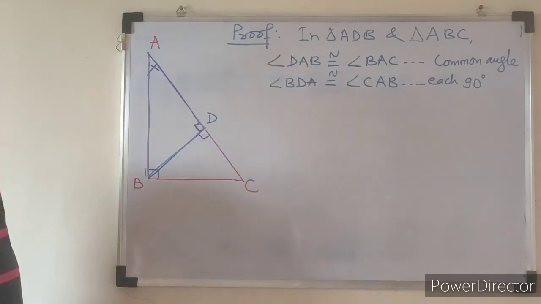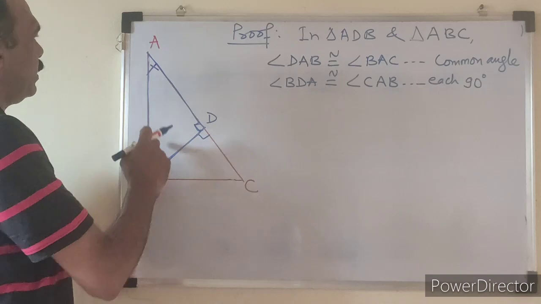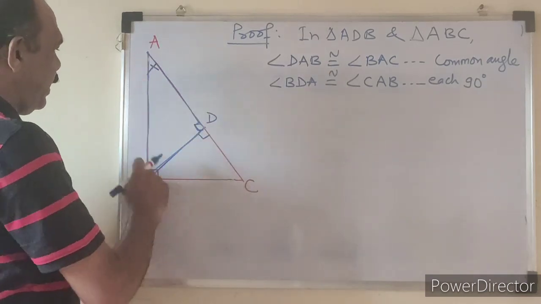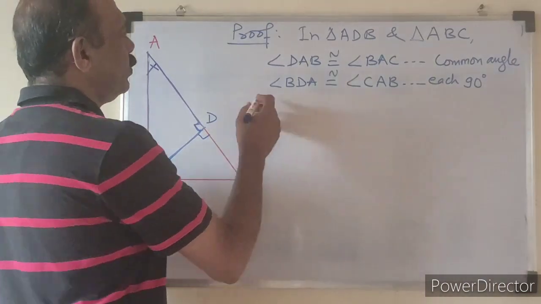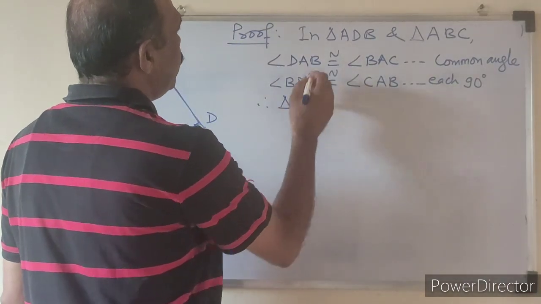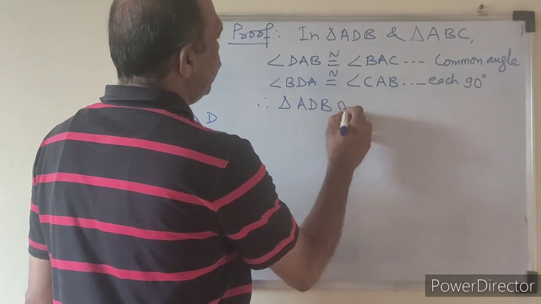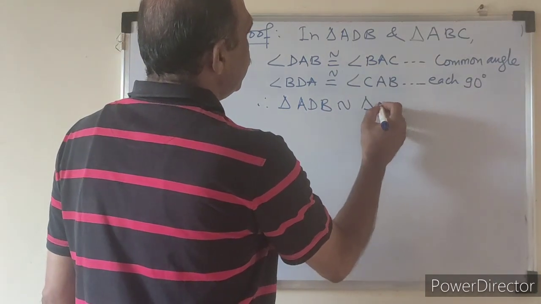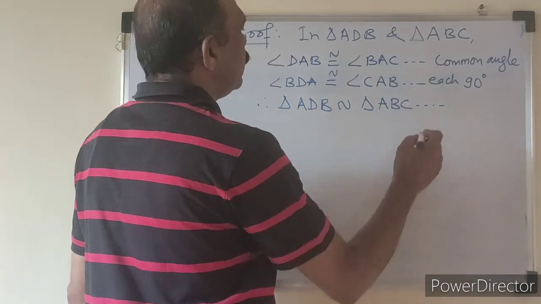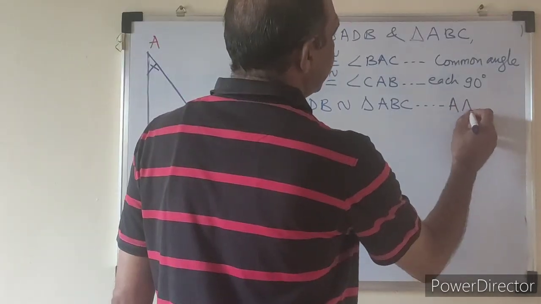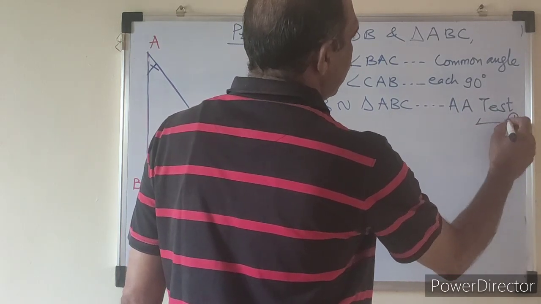So therefore, according to the AA test of similarity, these two triangles BDA and ABC are similar to each other. So therefore, triangle ADB similar to triangle ABC. So AA test, we will denote as first.